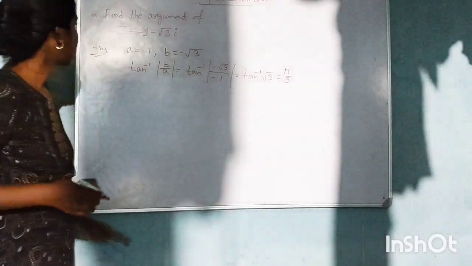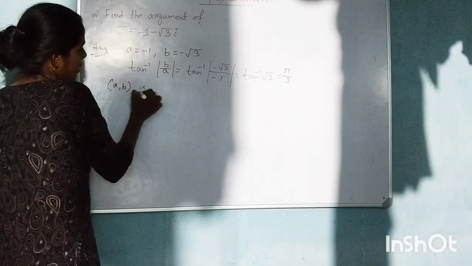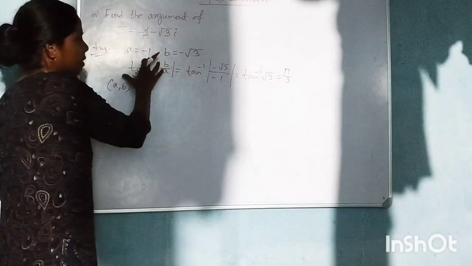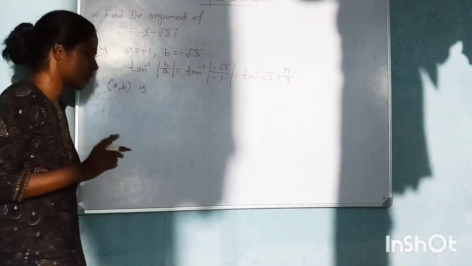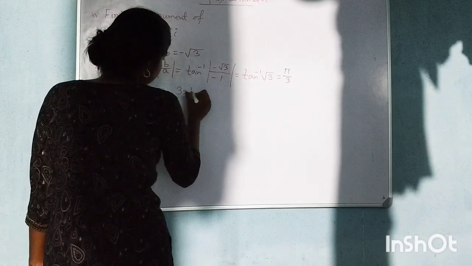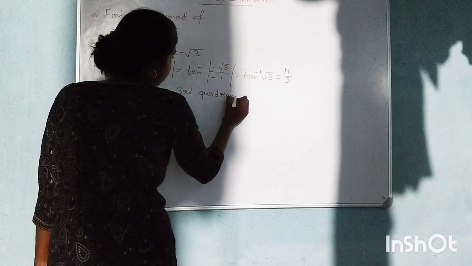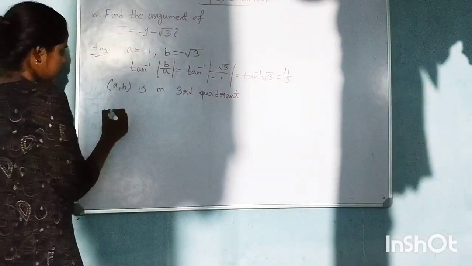Now see, a comma b is in which quadrant? Minus 1, minus root 3. Means x is minus, y also is minus. That means it is in third quadrant. So in third quadrant, what is our theta formula?